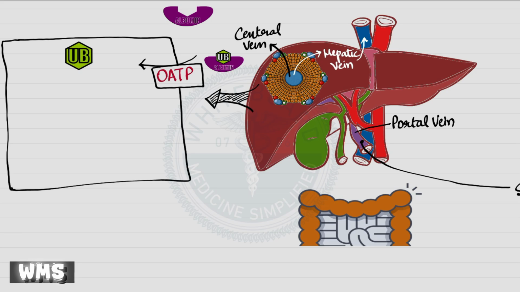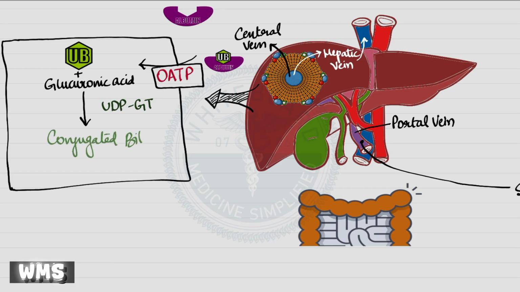Inside the hepatocyte, an important enzyme called UDP glucuronyl transferase attaches one or two molecules of glucuronic acid to the unconjugated bilirubin. This process is known as conjugation, and it converts the lipid-soluble or hydrophobic bilirubin into conjugated bilirubin, which is water-soluble. That means it can now dissolve easily in bile and be excreted.